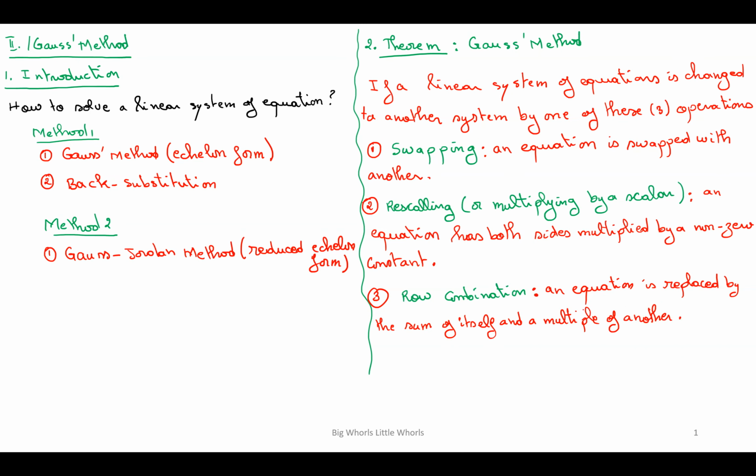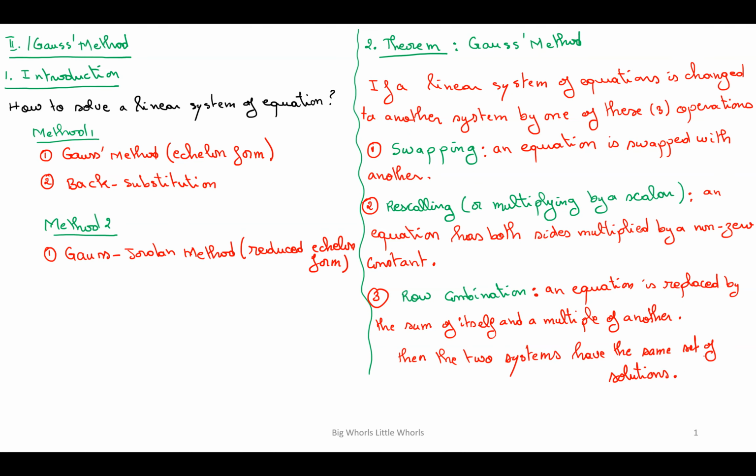Okay. So Gauss's method says if a linear system of equations is changed to another system by one of these three operations, then the two systems have the same set of solutions.